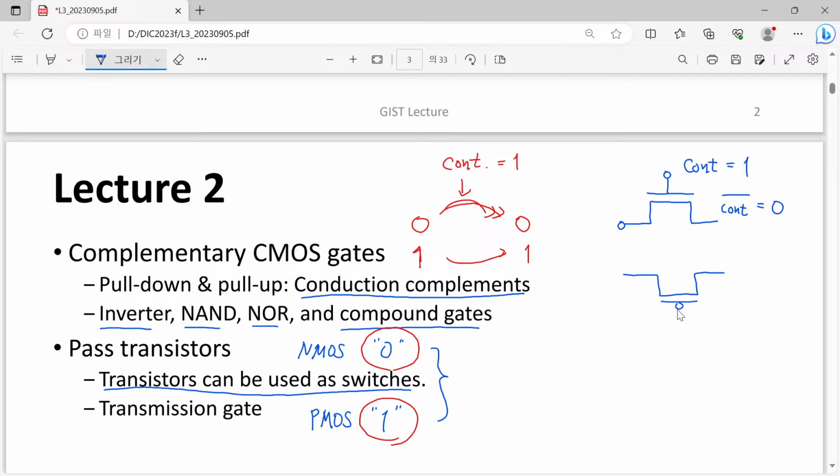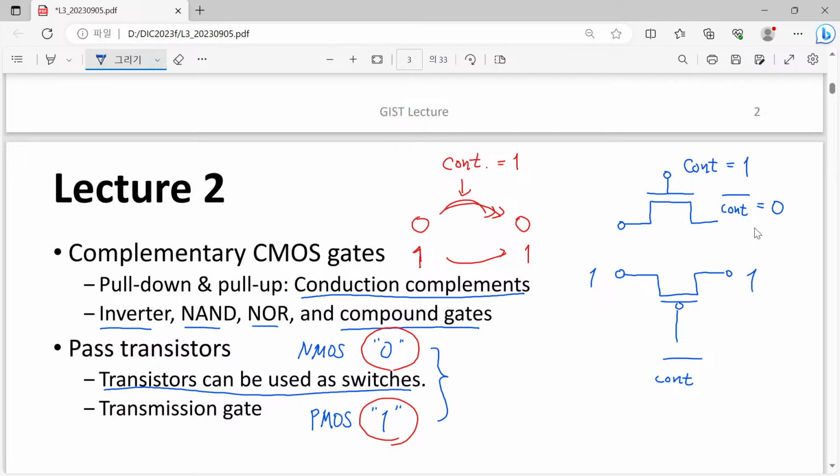So if we apply the inverted control signal to the gate of the PMOS, then what will happen? Now this PMOS is turned on, and then it is good at sending logical value 1.